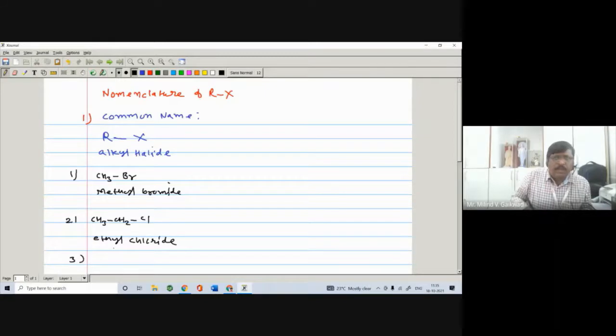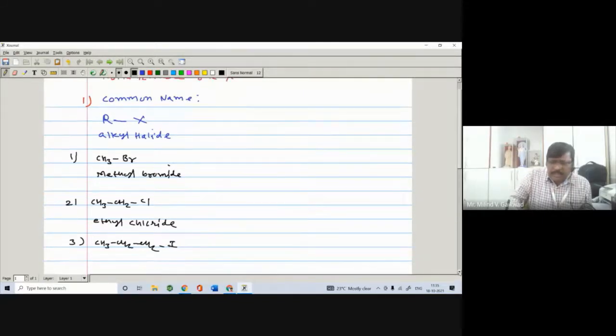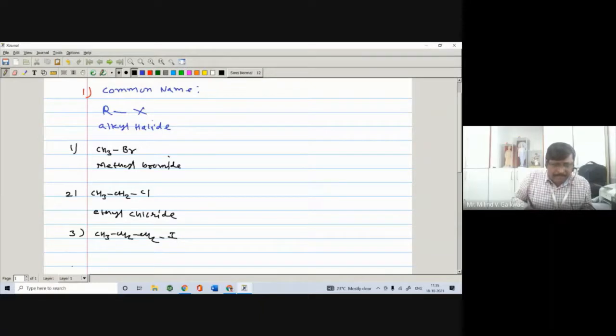Number 3, if you go on increasing one more carbon, then CH3, CH2, CH2, and here is iodine. So n-propyl iodide.